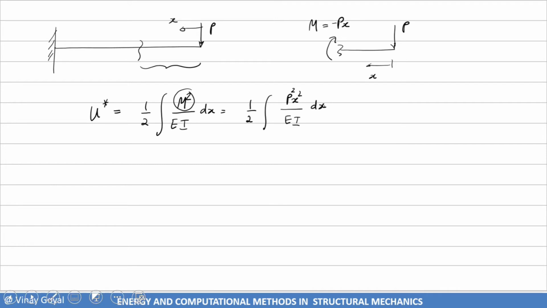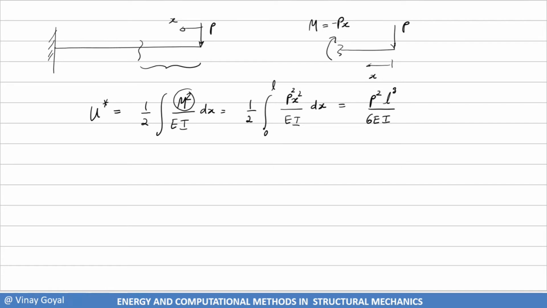And I can integrate this from 0 to L, the length of the beam, and guess what? I get P squared x cubed over 6EI evaluated from 0 to L. Well, 0 to L gives you L cubed, so why not just write it down?